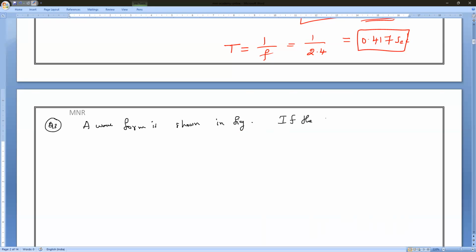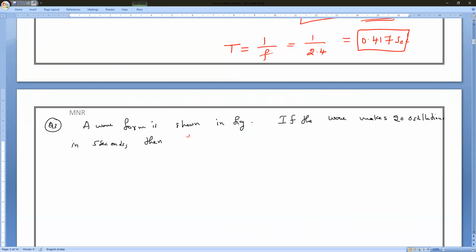If the wave makes 20 oscillations in 5 seconds. So in 5 seconds, how many oscillations, everybody? 20 oscillations. Then in 1 second, how many oscillations? 1 second means 20 by 5, which is equal to 4.